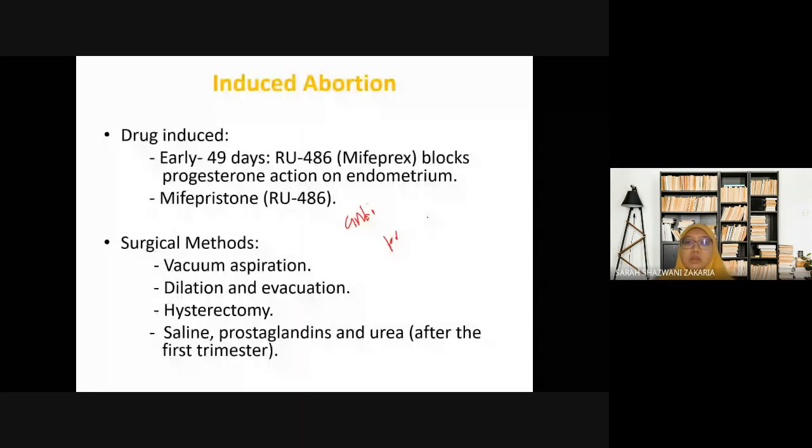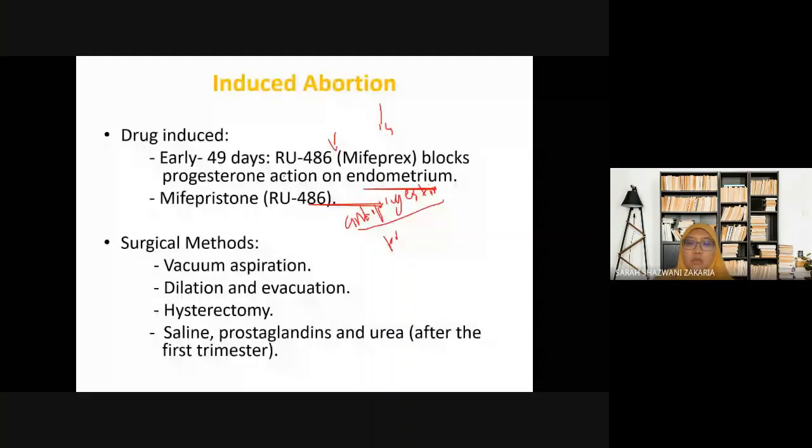If it's already at ovulation time, okay, hari ke-14, this mifex has anti-progestin. Siapa yang bagi tadi, ada kan, ada satu anti-progestin, so it will block progesterone action on endometrium.